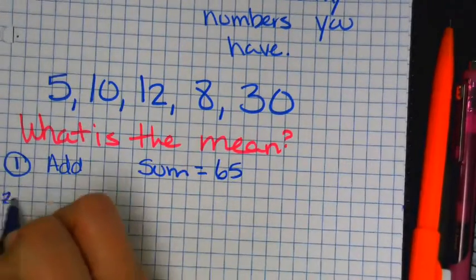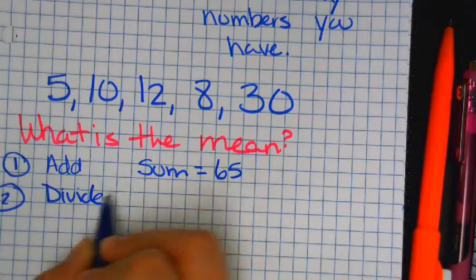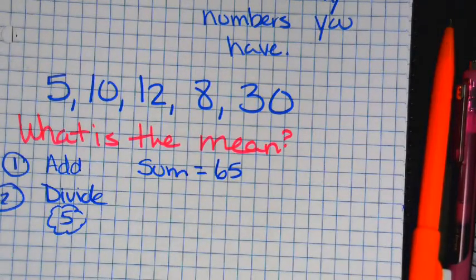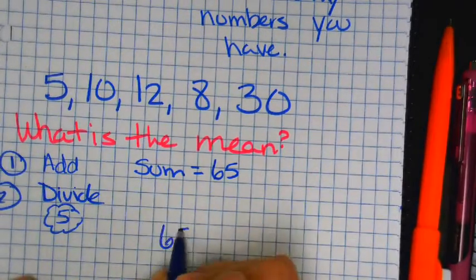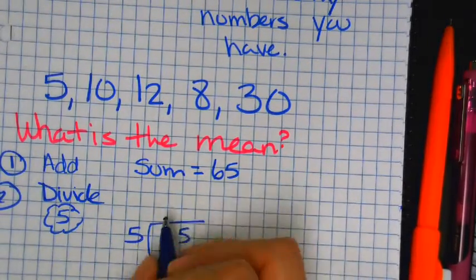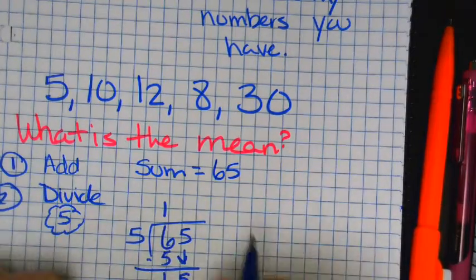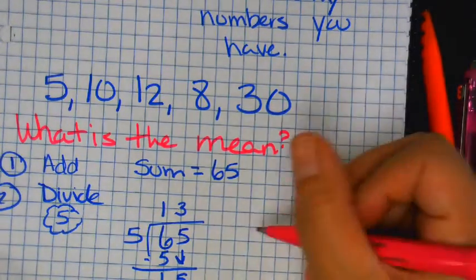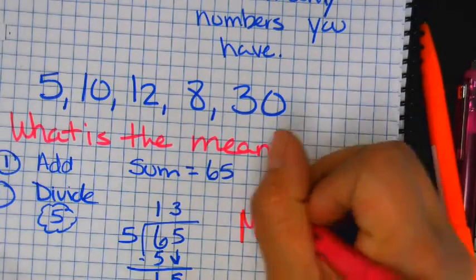So the second thing is to divide. Now what am I going to divide by? By 5. Why 5? Because that's how many numbers there are. 1, 2, 3, 4, 5. So you divide by 5. 65 divided by 5. So therefore my mean is equal to 13.